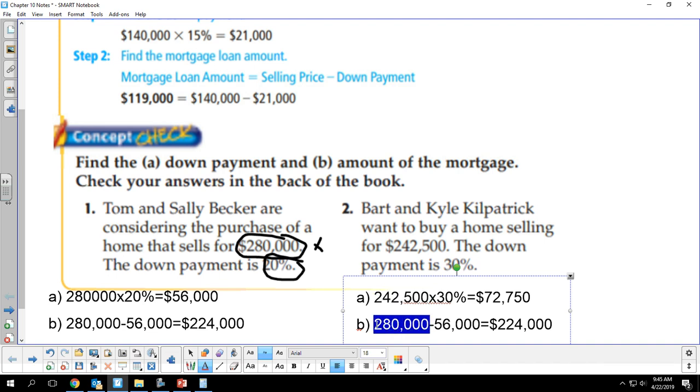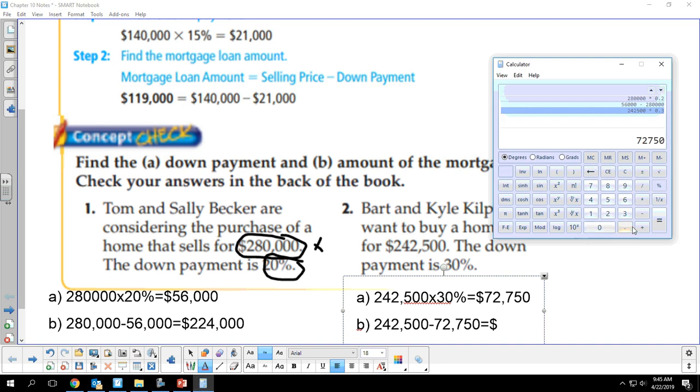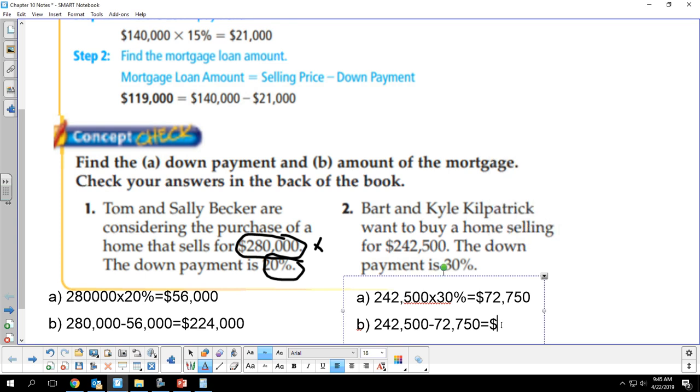So they take their original loan amount minus the 72,750. And let's throw that in our calculator and see how much we end up borrowing from the bank. 169,750 is our loan amount.